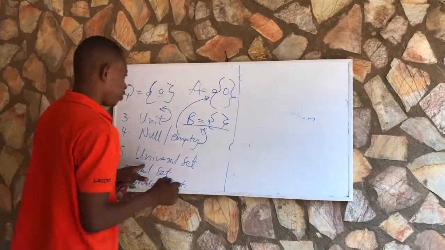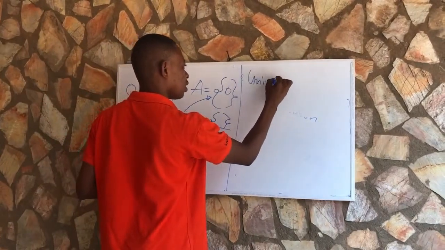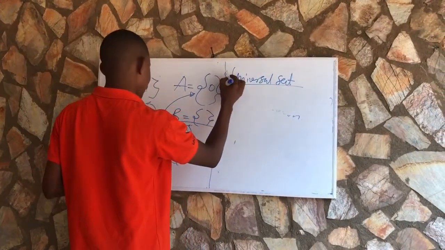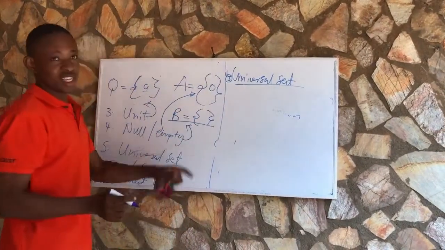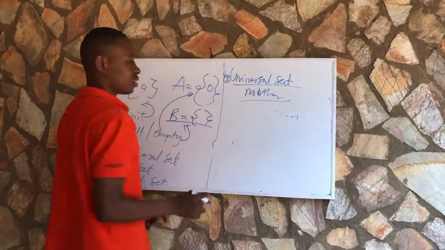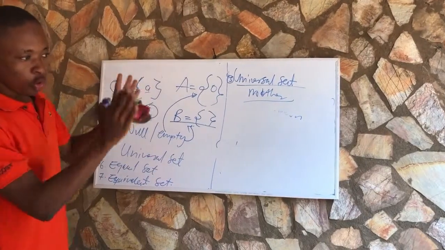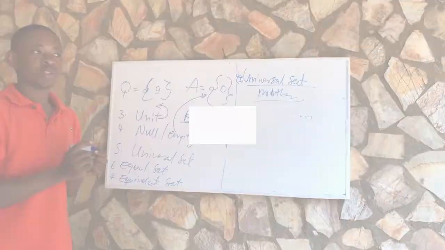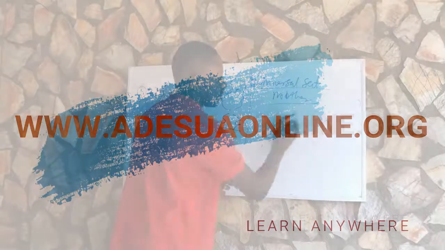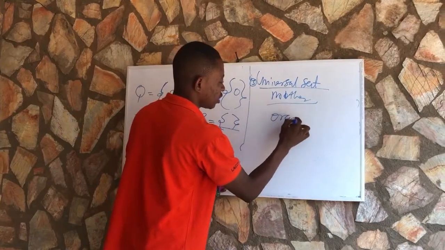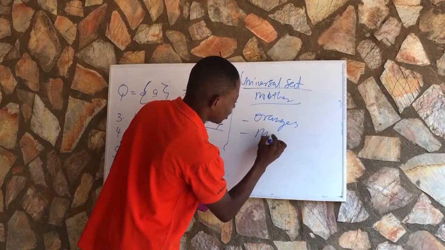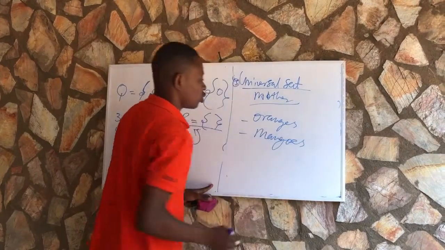So the next type of set is a universal set. We can say a universal set is a mother set, or like it forms the whole umbrella of what we are talking about. Oranges and mangoes.